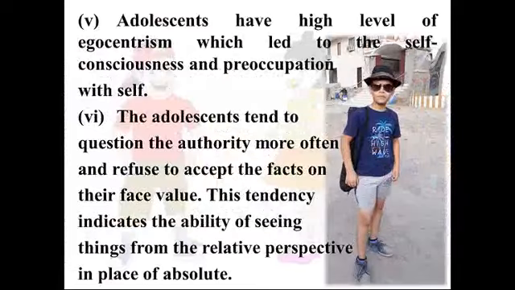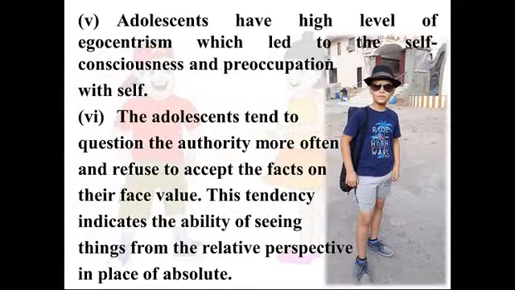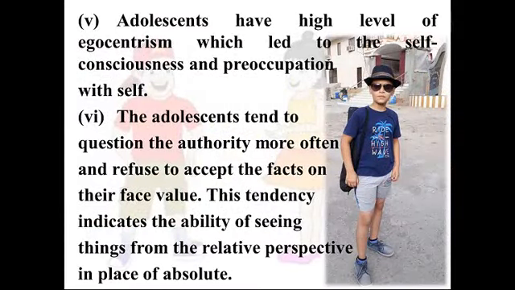So now the next is, adolescents have a high level of egocentrism which leads to self-consciousness and preoccupation with self. Dear friends, children also have a high level of egocentrism and show egocentric behavior, but the egocentric behavior of an adolescent is entirely different.